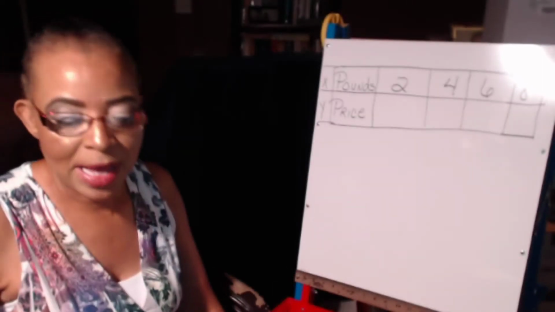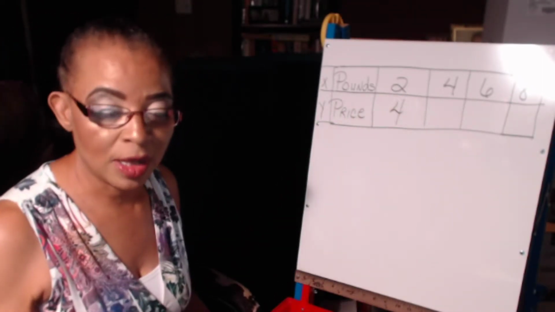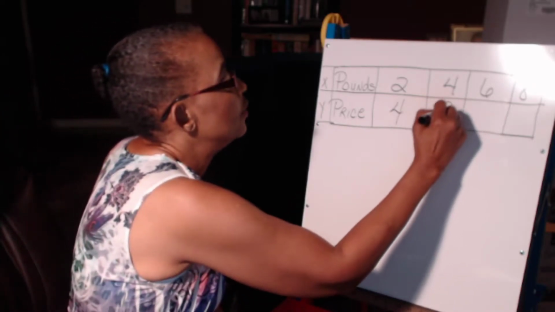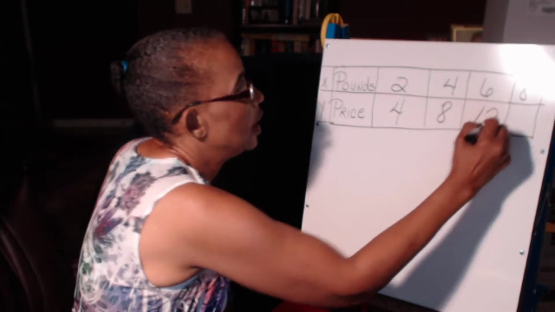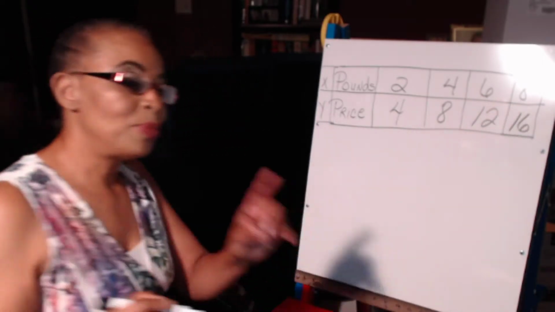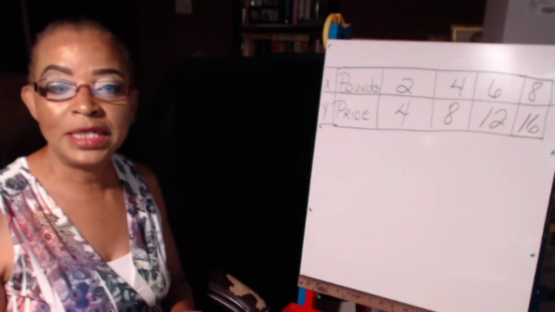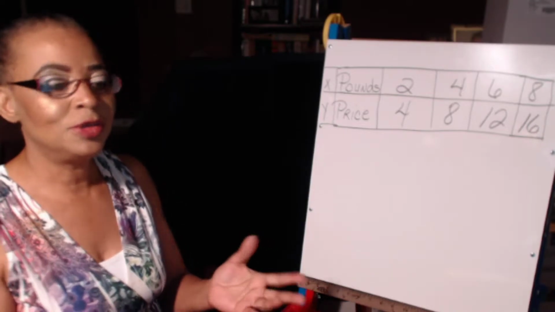All right, so that's the pounds. The price for 2 pounds is, let's say, $4. 4 pounds, $8. 6 pounds, $12. And 8 pounds, $16. Well, as a parent, you already recognize the relationship because you're in the store all the time, but your child is not doing that.